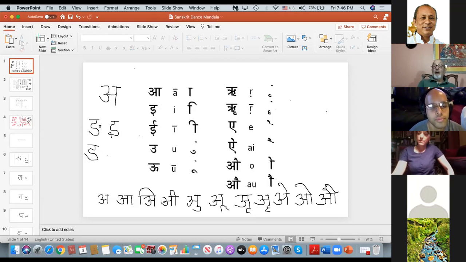If you follow the logic, E is supposed to be written like this, using this matra. This is o, this is a. So in order to make E, you use this matra, and it will turn into E, right?